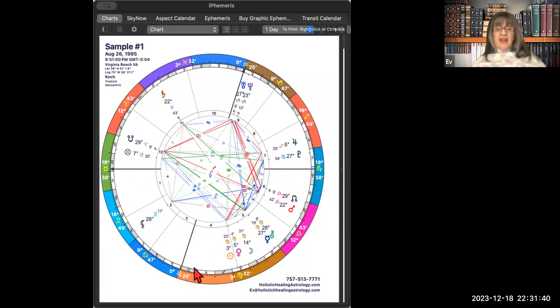It has a cycle, it has order, it has function, and an astrologer spends many years learning all the tricks of the trade. But now you could begin your journey yourself to understand your natal chart.